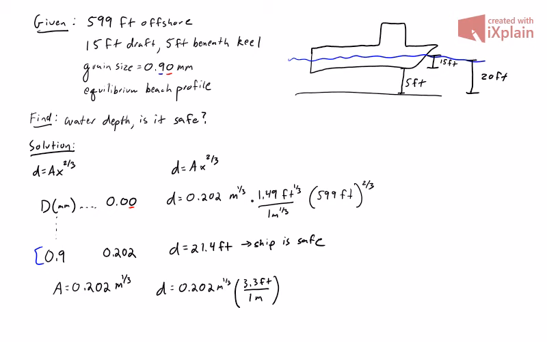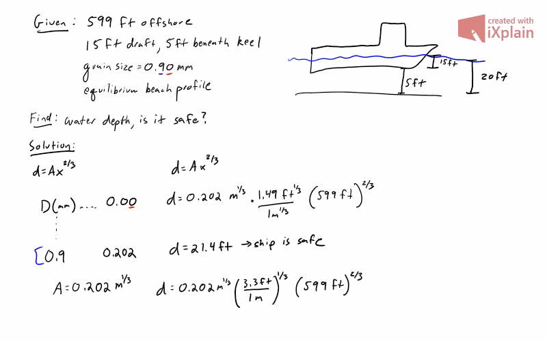Now, the same way when we convert feet squared to meters squared or centimeters squared to meters squared, we have to throw that squared on our unit conversion. Since we're converting meters to the 1/3 to feet to the 1/3, we take this value to the 1/3 power. And then our x, the distance from shore, is 599 feet to the 2/3 power.